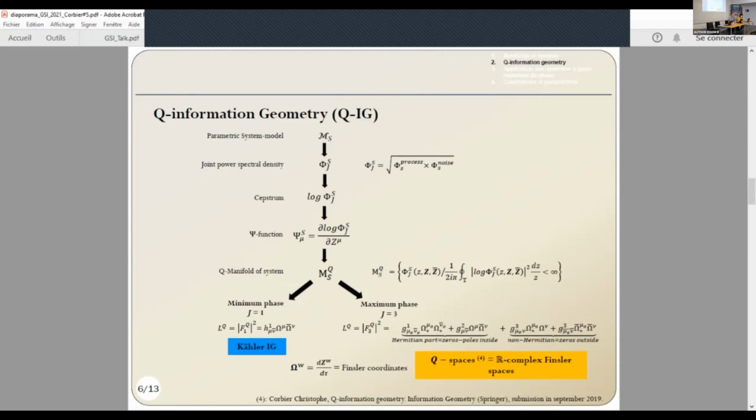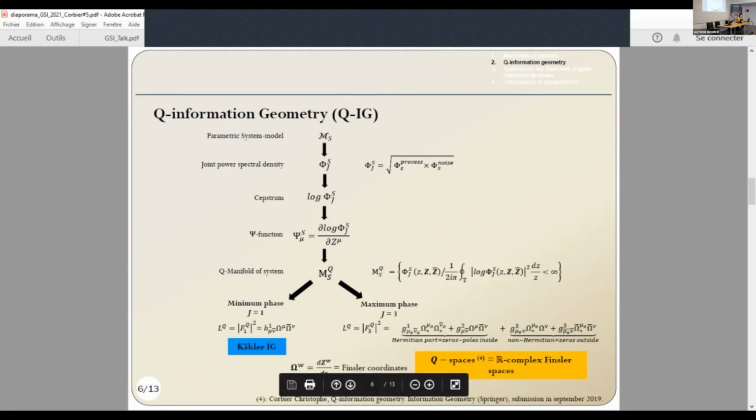After, we have two cases: minimum phase system and maximum phase system. Minimum phase system, with J equal to 1, is the Choi-Mullhaupt approach. For maximum phase system, with J equal to 3, we define another expression of complex Lagrangian like this.